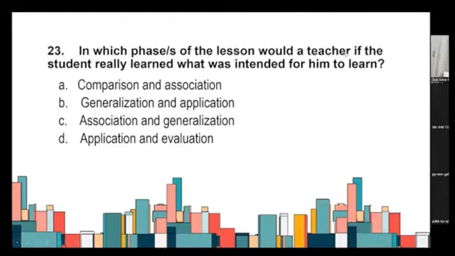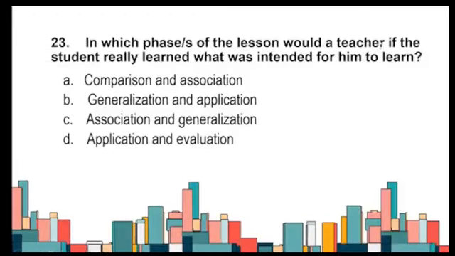So, would a teacher know if the student really learned what was intended for him to learn? So, is it A, comparison and association? B, generalization and application? C, association and generalization? D, application and evaluation? Okay, so you have 5 seconds to answer.